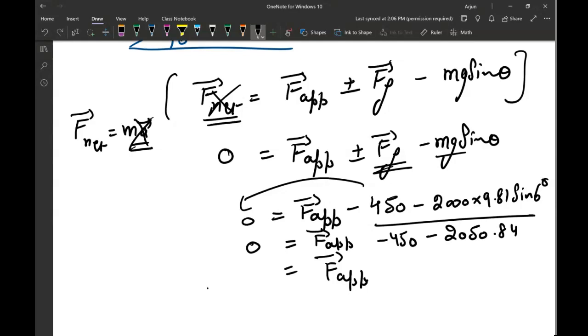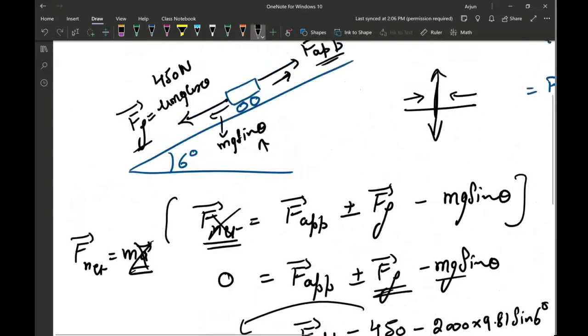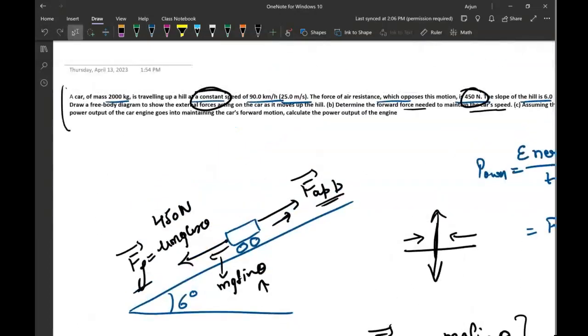Now these two I will add up: this number plus 450 is approximately 2500.8 newtons. That's the applied force which I calculated, and this is the force required to move the object in the forward direction.